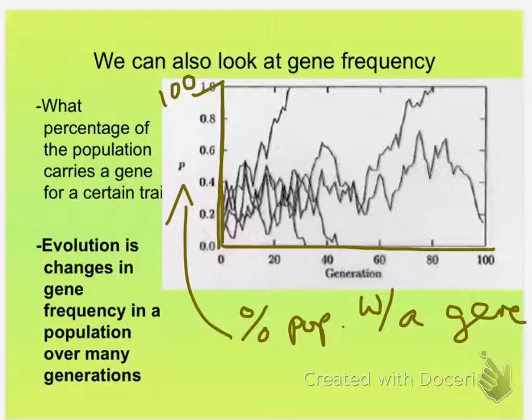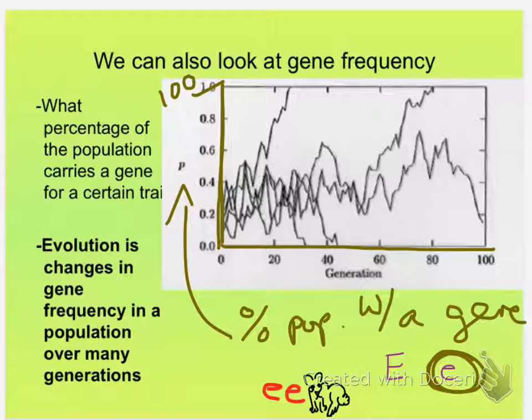So for instance, we could look at what percentage of the population has at least one copy of that short-eared gene. And we said Stumpy has to have 2 copies. And all the little long-eared bunnies out there, well, it's funny, they could have 1 copy or 2.